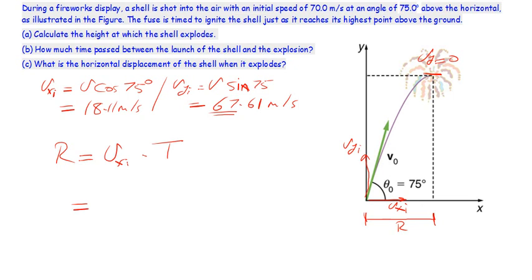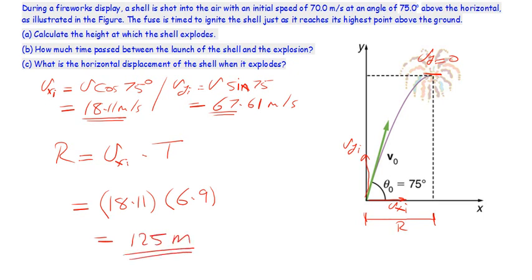The Vx initial here is 18.11, multiplied by the time we just calculated, 6.9. That will give us about 125 meters. That's the horizontal displacement of this shell from the launching point.